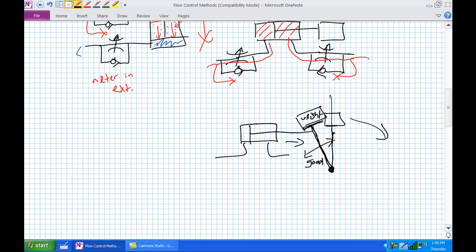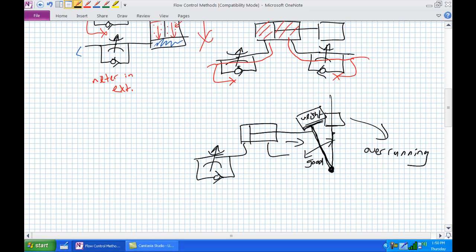But now what happens once we break this plane right here? It becomes an overrunning load. So even though I have a meter in relationship, can't go that way, has to go through the flow control valve. I control the flow rate at which I'm filling up the cap end.